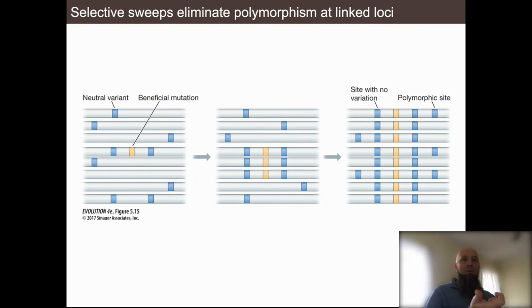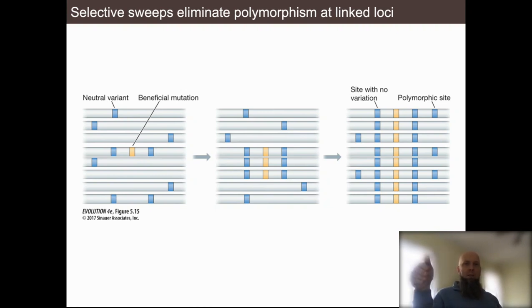Because that beneficial mutation happened on a chromosome where those other 2 neutral variants exist, as the frequency of that yellow beneficial mutation increases, so too does the neutral variant to the left and to the right of it. And as you can see, over time, the population will become fixed.